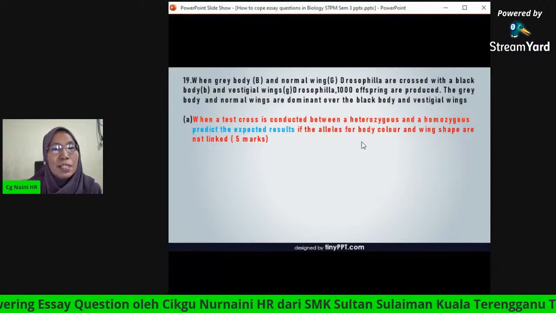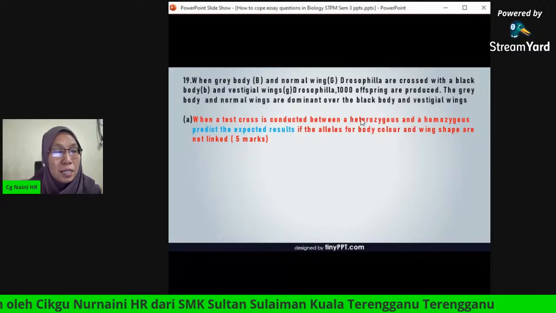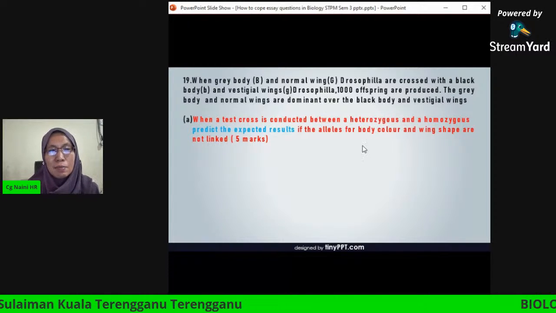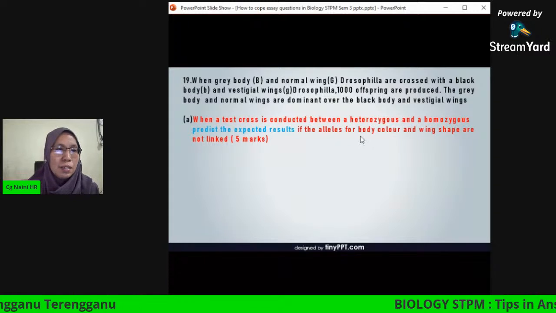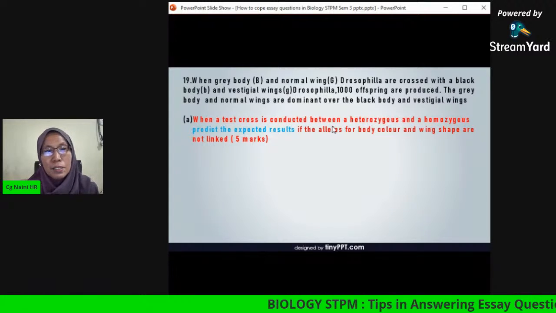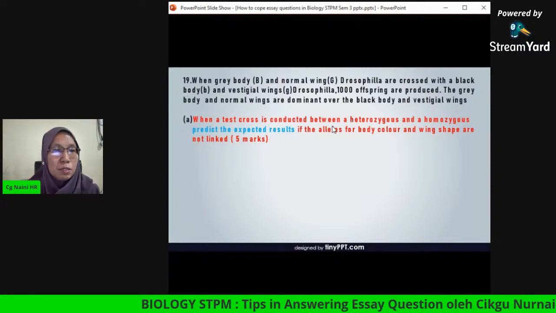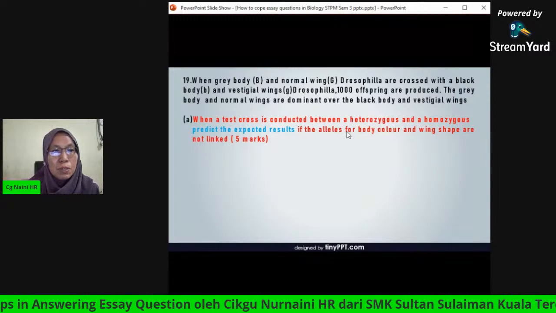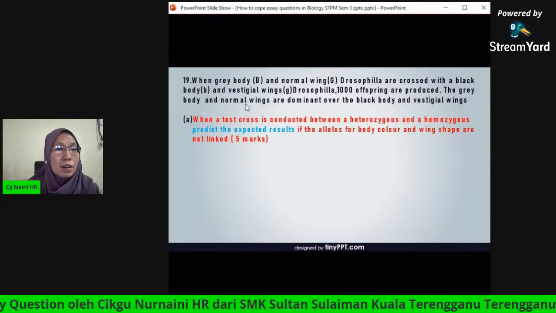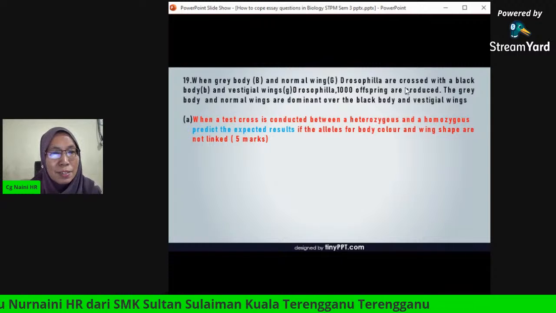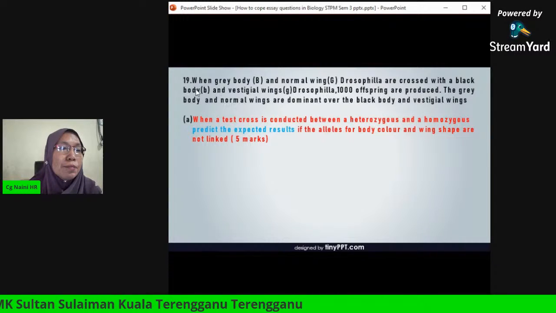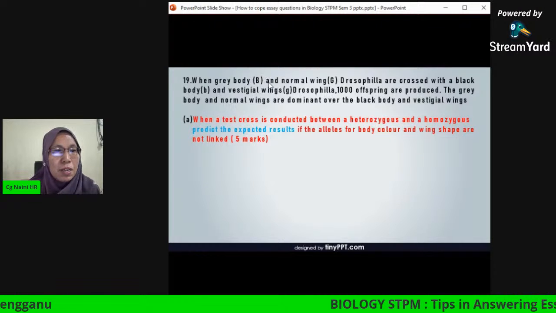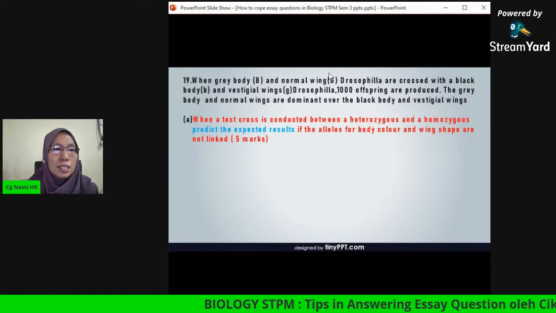So this one refers to inheritance and genetics. In genetics there is more about drawing schematic diagrams. So sometimes you must draw a schematic diagram in essay. If you get this question, you must draw a schematic diagram. Remember to study or read the statement first. A grey body, big B, is dominant, and normal wing, big G, is also dominant.